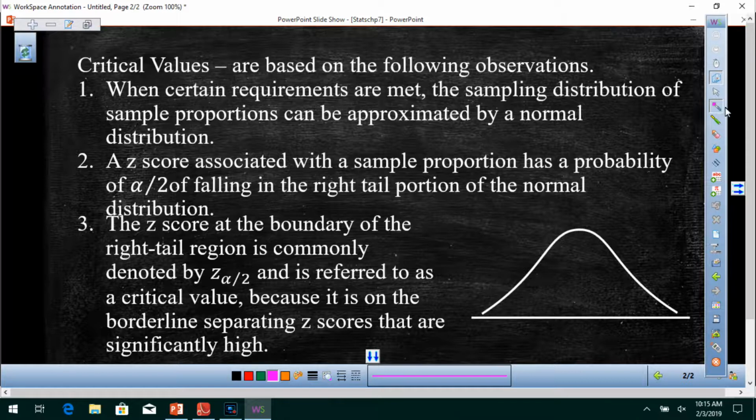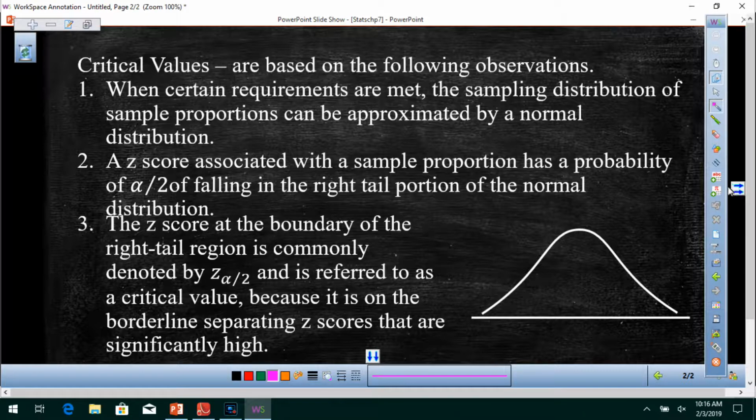The z-score at the boundary of the right tail region is commonly denoted by z sub alpha divided by 2 and is referred to as a critical value because it is on the borderline separating z-scores that are significantly high.